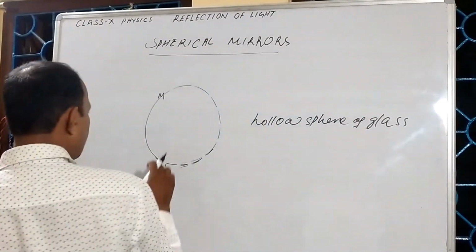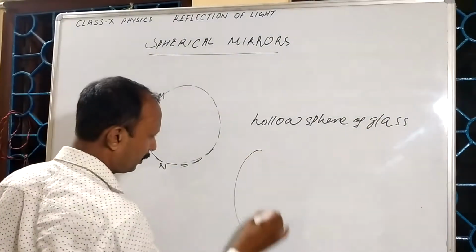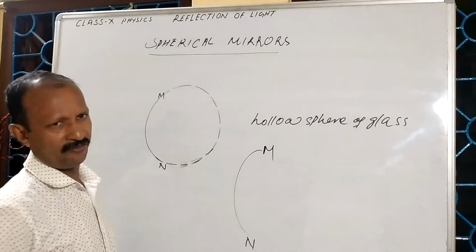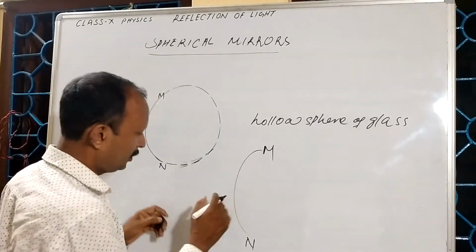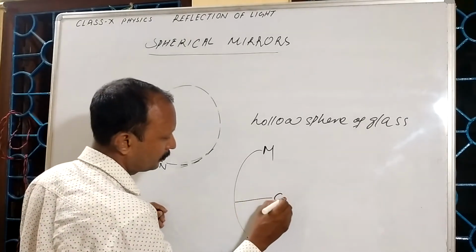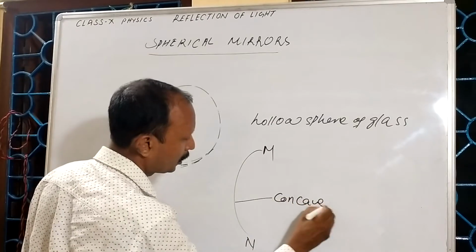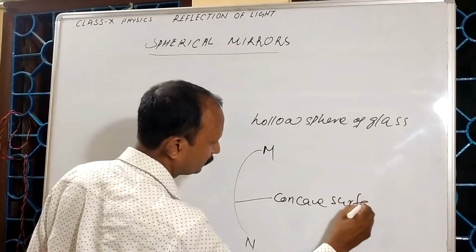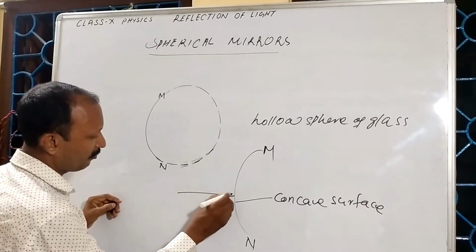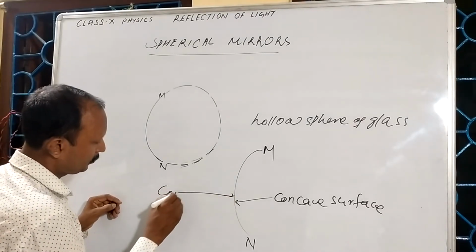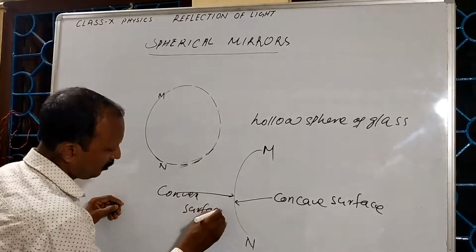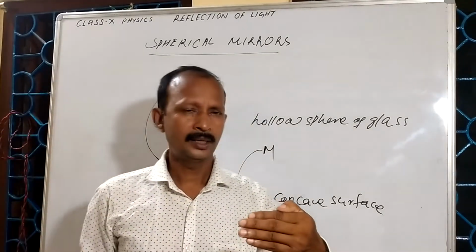Now, this part MN has two surfaces. This inward surface we say is the concave surface. This outward surface is the convex surface. You see that?